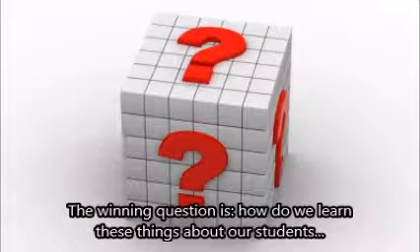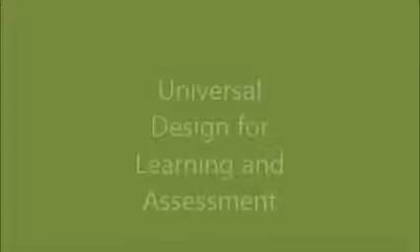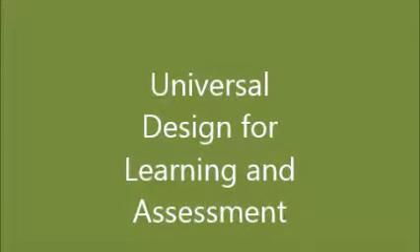Knowing these things is important, and the winning question is, how do we learn these things about our students? That's where assessment comes in to the Universal Design for Learning process, and that's what we're going to learn about in this workshop. Universal Design for Learning and assessment.